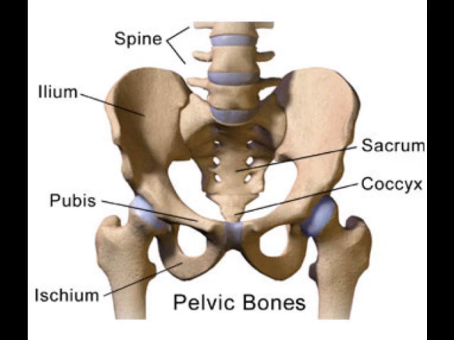Now basically, to the left and right of where the pubic symphysis, that blue part in the middle, is, is called the pubis ramus. It's basically a branch of the pubis.